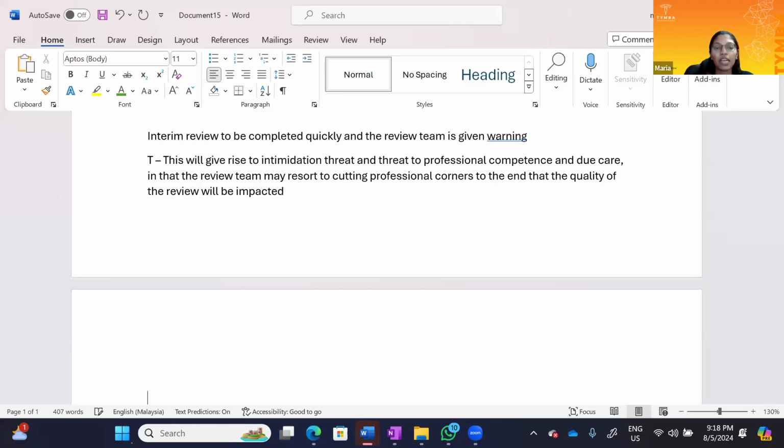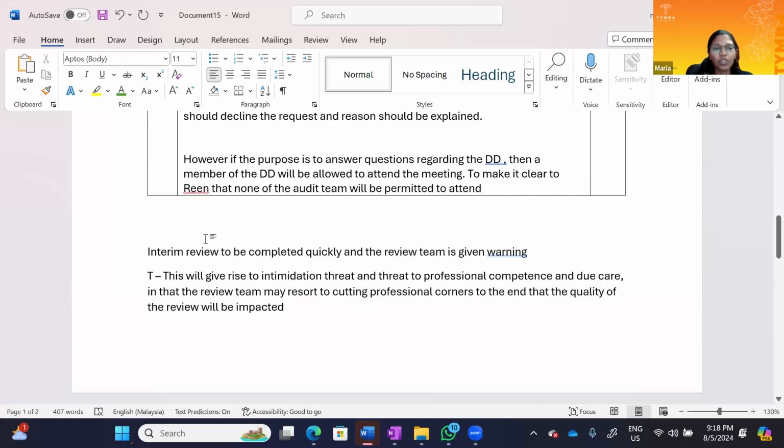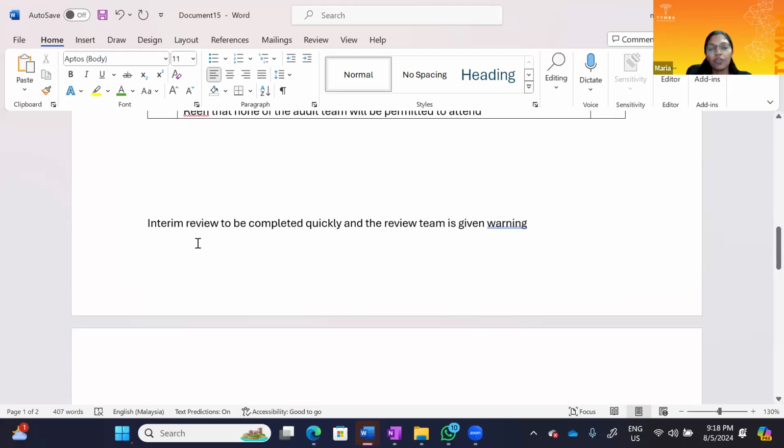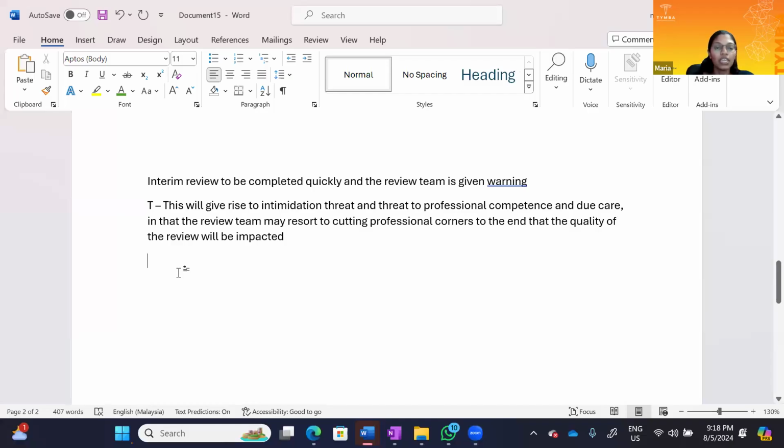So that will be the threat. Now, do I have severity of it? I don't, because we don't have any details there to talk about severity. So straight away to safeguard.